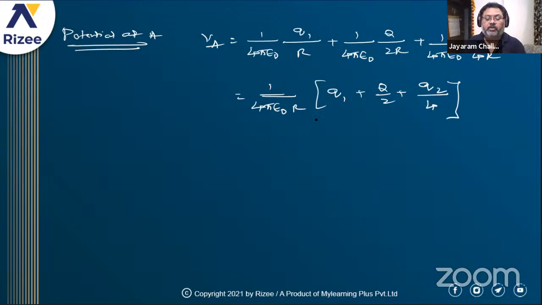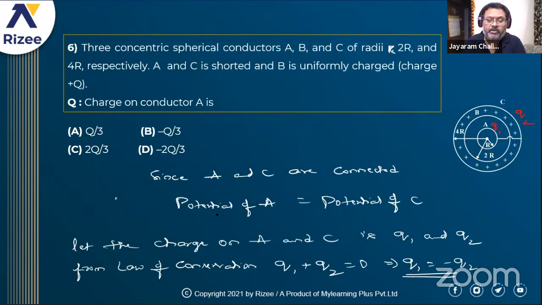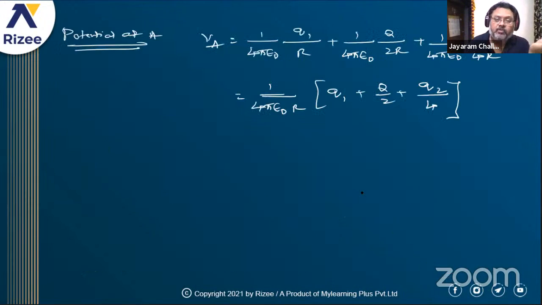So this potential, according to the statement that we have written, the potential of A should be equal to the potential of C. So let me go for the potential of C now. What is the potential at C, outside?